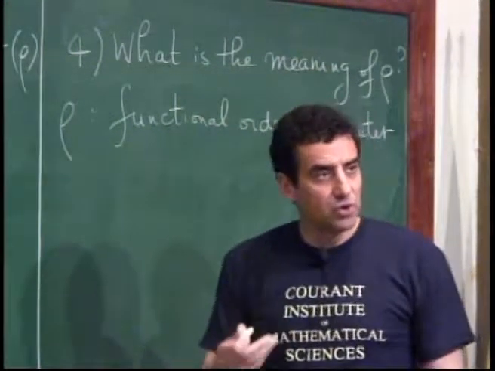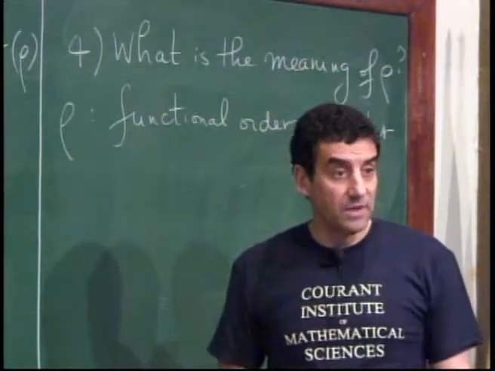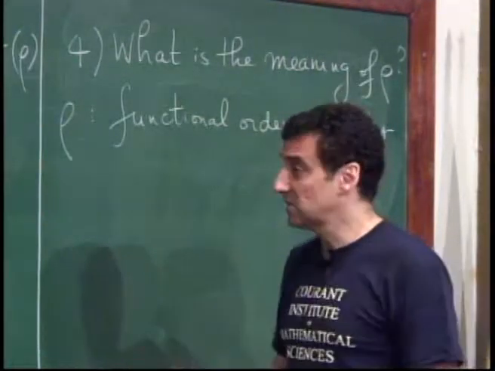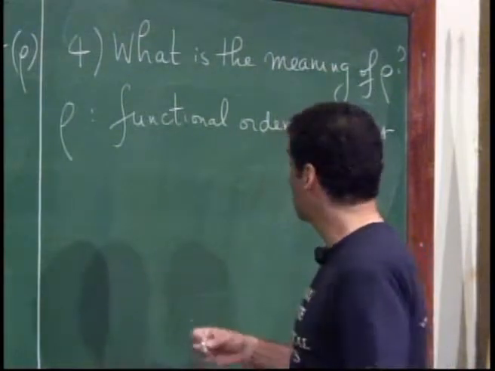So here's the interpretation of what it should be. And this emerged from the initial literature of Parisi, and in some sense we'll see that there is some truth to that.